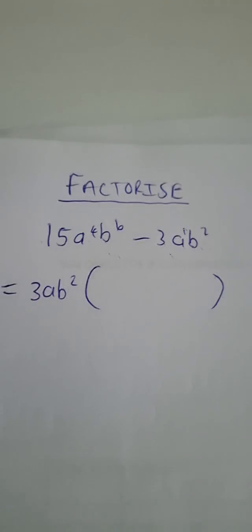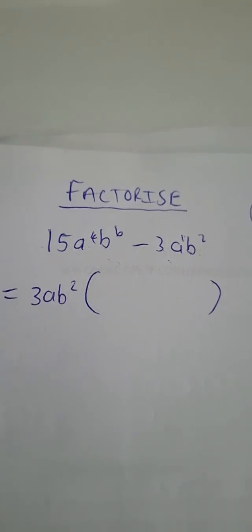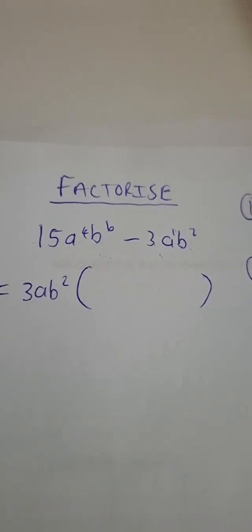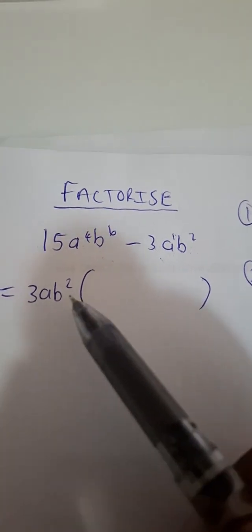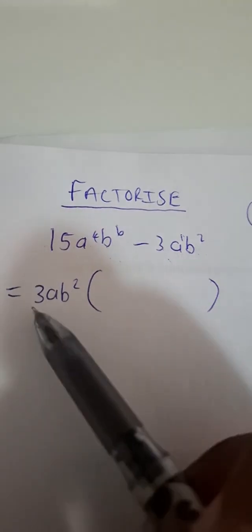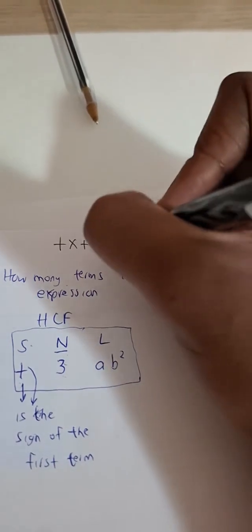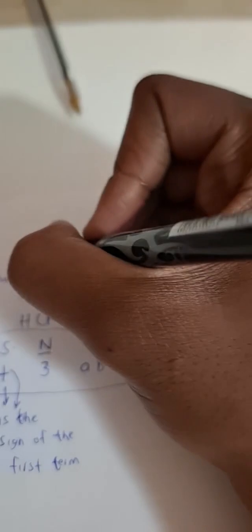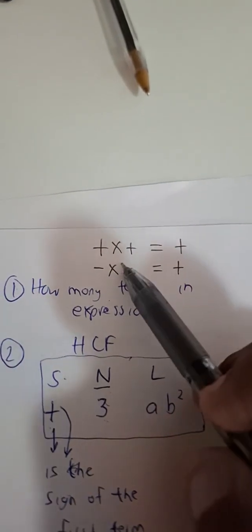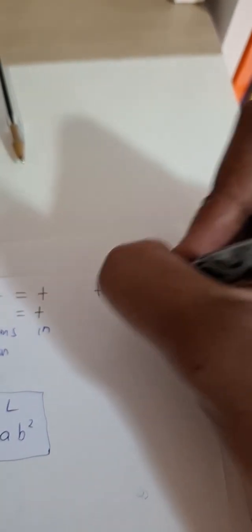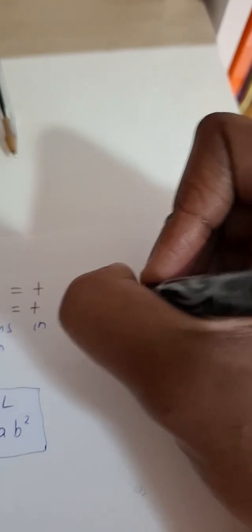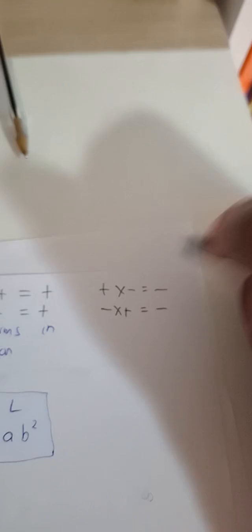What is left over? Your bracket is there now to record what is left over. So what did I say? We look at the sign: it's positive times another what that gives you a positive. We know from previous grades that a positive times a positive gives you a positive, and a negative times a negative gives you a positive. Same signs multiplied give you a positive. A positive times a negative gives you a negative, and a negative times a positive also gives you a negative.